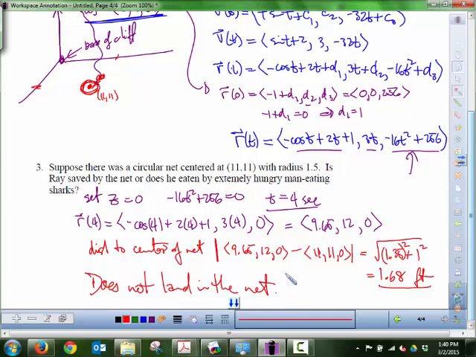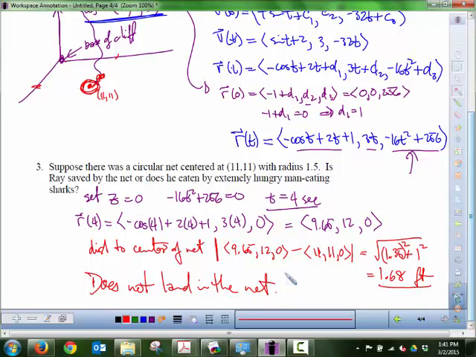Okay? We can also ask a few more things, like what is the speed at impact? First of all, are there any questions about this? This is an old quiz problem from years ago.